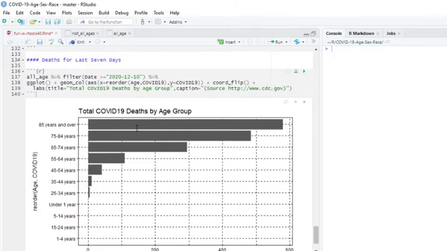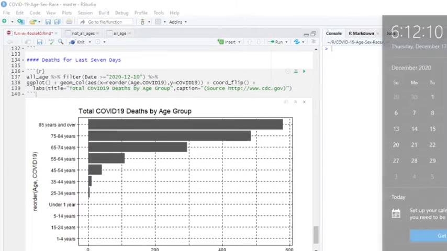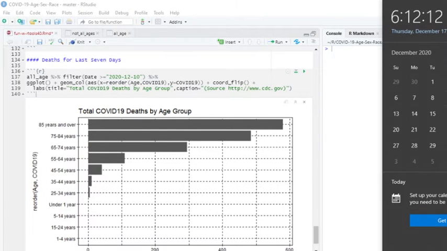Okay, so there's the situation. So this data is 2 weeks worth of data, right? Okay, so this is the data by age after December the 10th. And you can see that 85 and older still have the highest number of deaths.